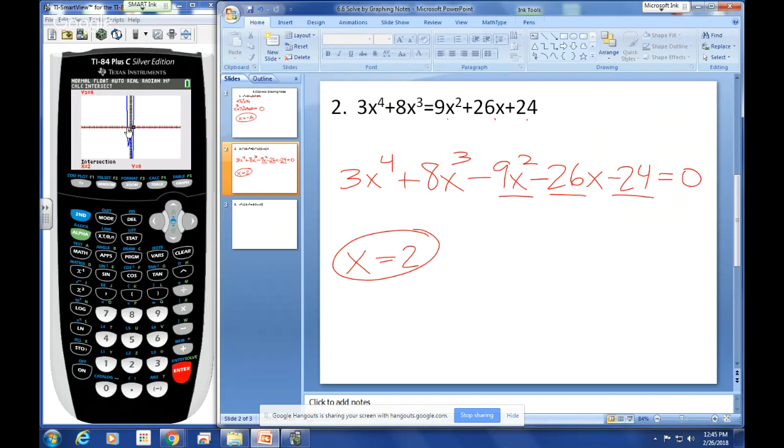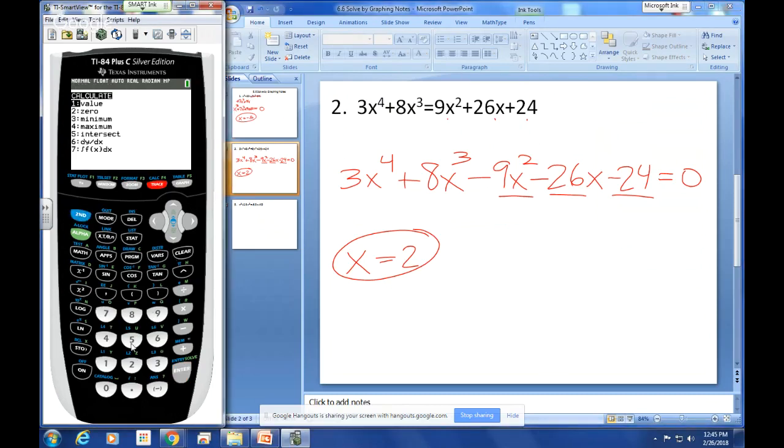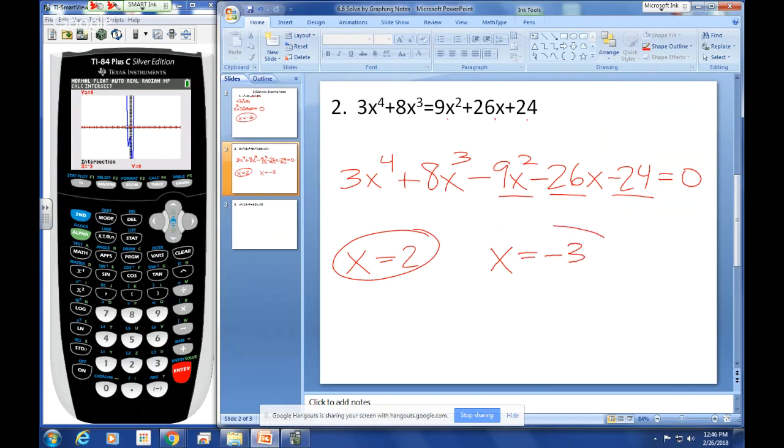I'm zoomed out, but I can still see it. Second calc intersection again, but this time I need to get this little cursor as close as I can to the other answer. Now I hit enter until it tells me intersection, and it tells me x equals -3. So there are my two solutions.